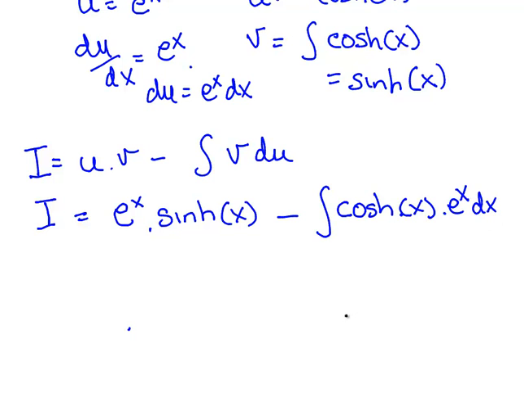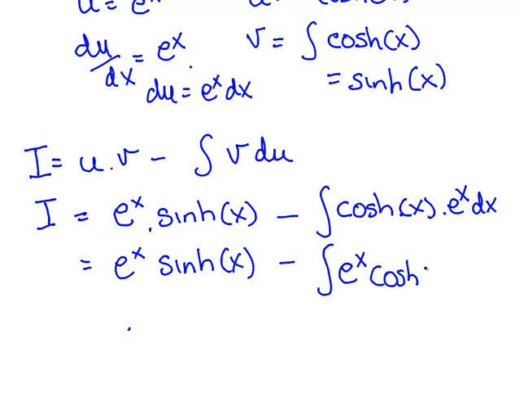So what we have here is e to the x dx. Okay. So, working that out, e to the x times sinh of x minus this expression here. Let's write it out: the integral of e to the x cosh of x dx.